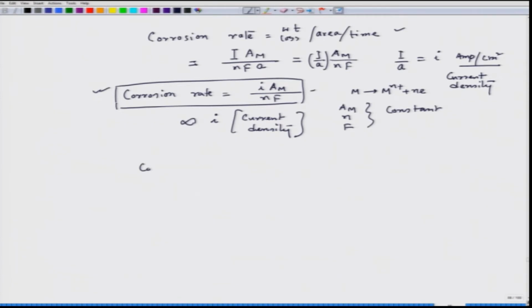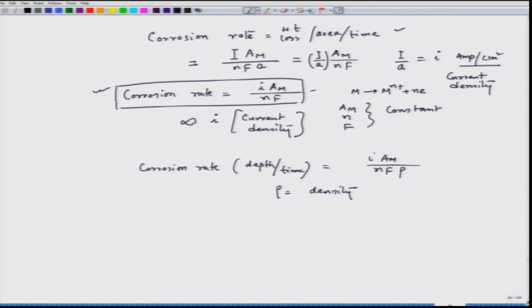So, the corrosion rate in the form of depth per unit time, we can put as I A M by n F rho, where rho is basically density.